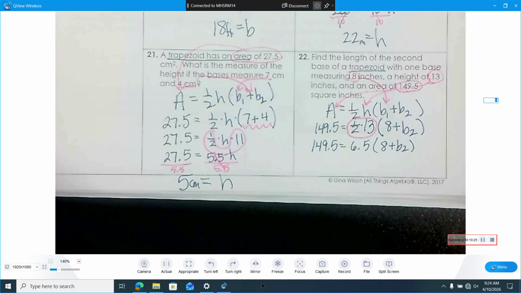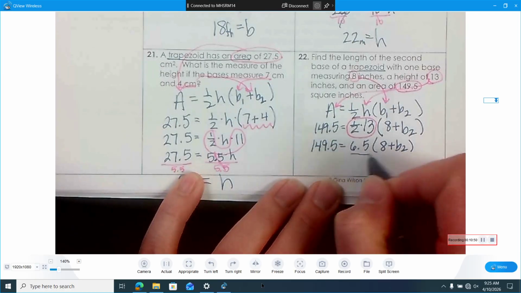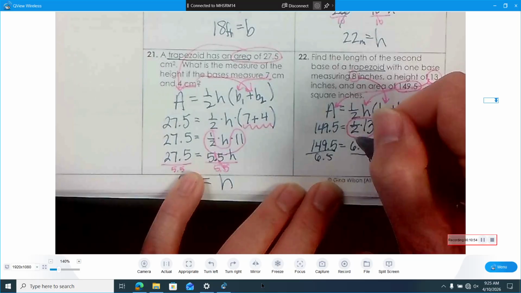Then what do you guys want to do next? There's a couple options that we could do. Yeah, we could absolutely divide away the 6.5 if you want to. Do you want to go that route? Yeah, we could divide. The nice thing is 6.5 just cancels out.